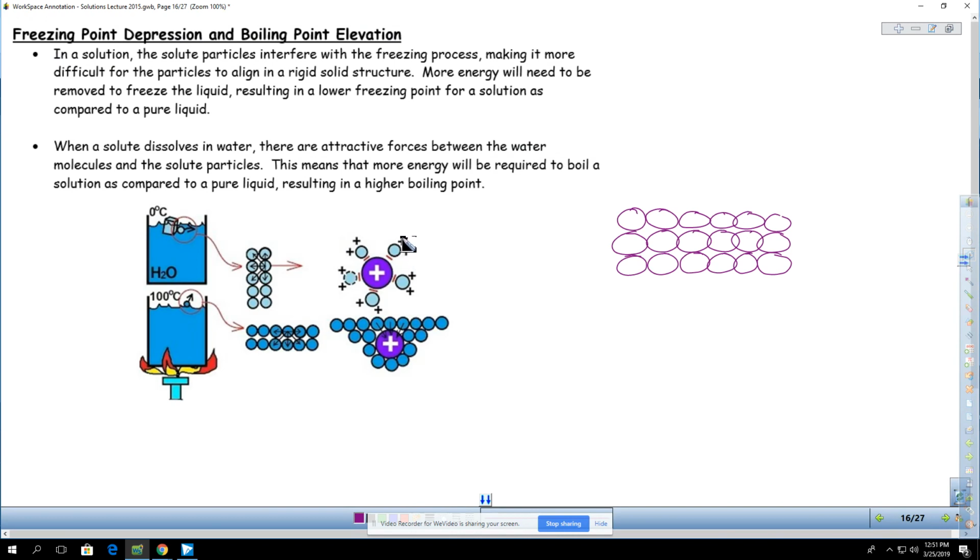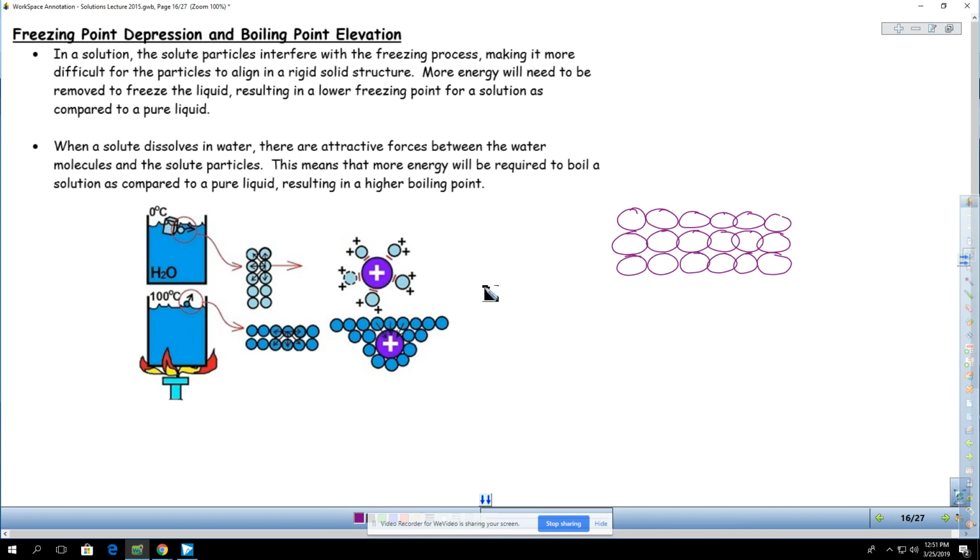The positive end would be the little baby hydrogens, and the negative region would be the big oxygen. Those water molecules are attracted to the oppositely charged ions in the solution. So maybe this purple ion is a positive sodium ion.